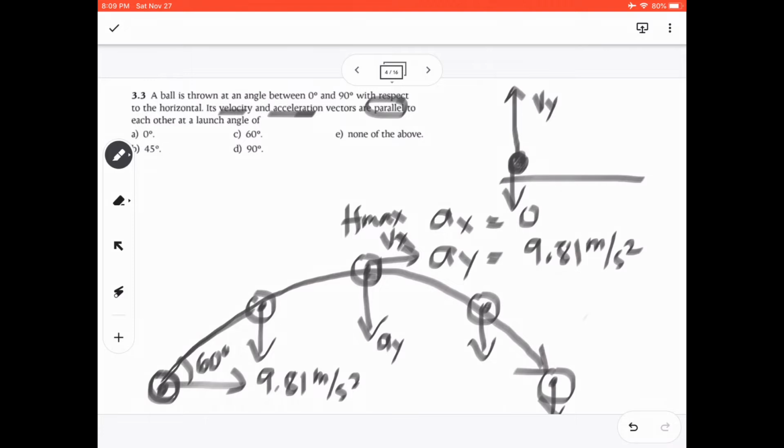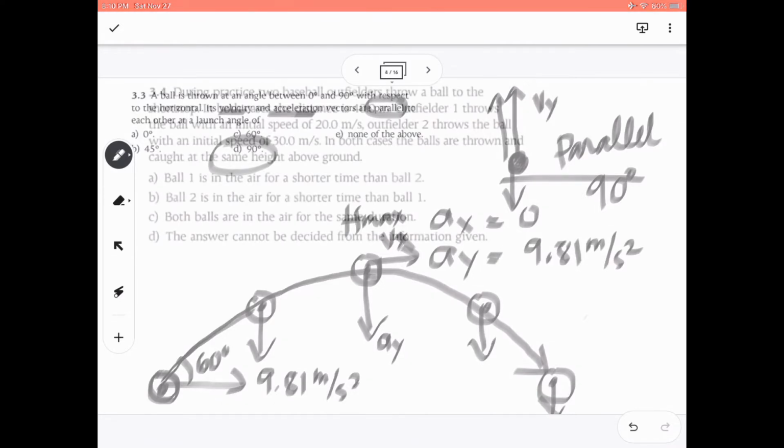So if we extend the lines downwards and upwards, they are parallel to each other. So at 90 degrees, at this angle only will the velocity and acceleration be parallel to each other. Therefore, the answer for this question will be 90 degrees.